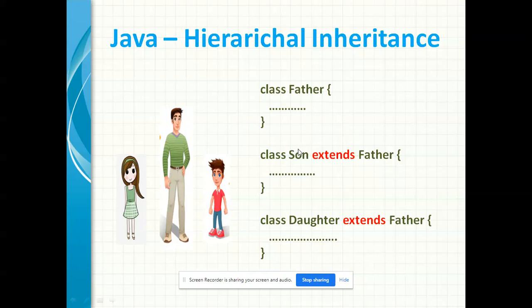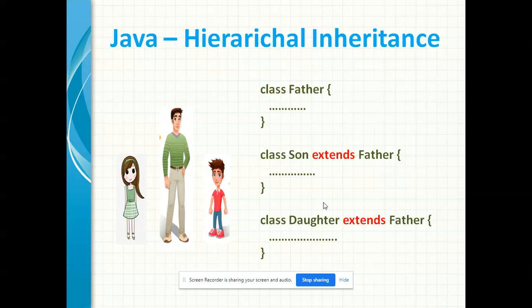In the same way, daughter is getting functionality from father. So which means father is a superclass. It has two child classes, son as well as daughter. So this type of inheritance is called hierarchical inheritance.